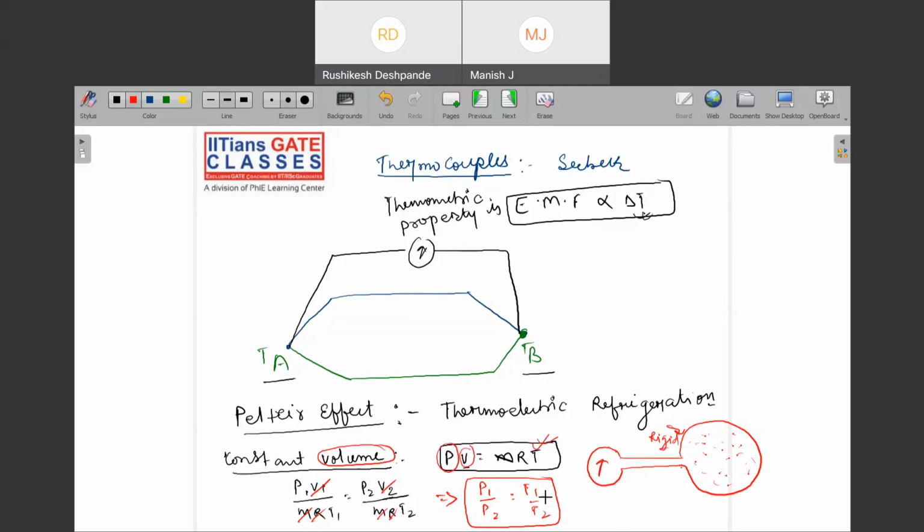If you have temperature T1, then you have pressure P1, and now you have reached P2, then your temperature is T2. If the pressure gauge helps you find the reading P2, then can't you find T2 using this equation? Definitely we can.